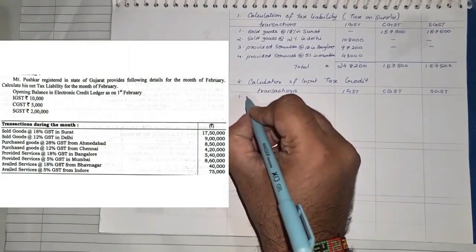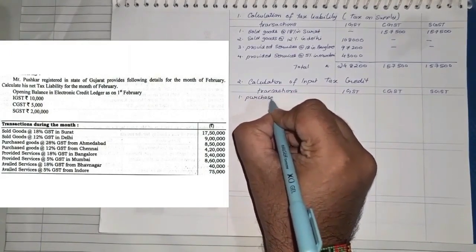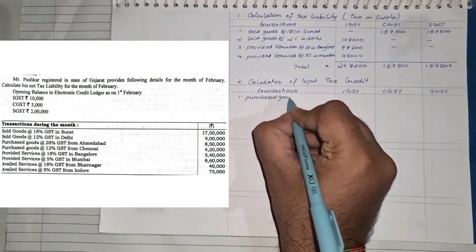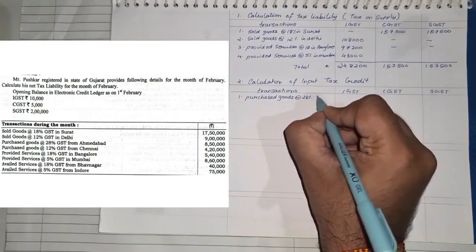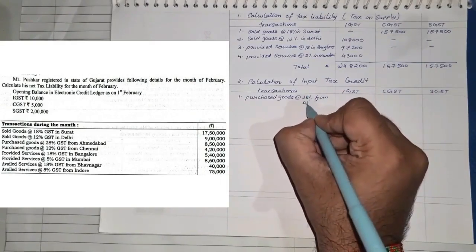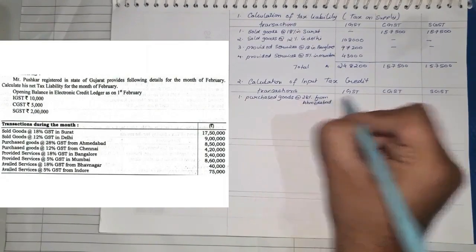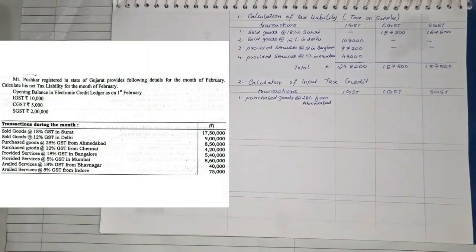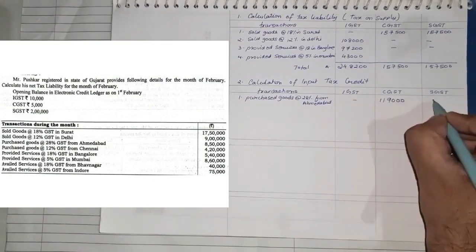So I'll write here purchase goods at 28% from Ahmedabad. So 14% each. The value is 8,50,000 into 14%, which is 1,19,000.